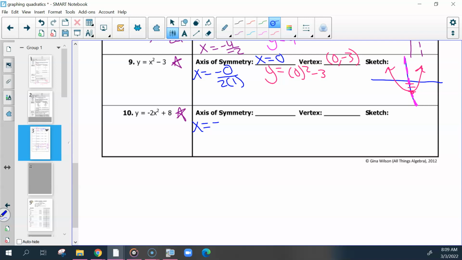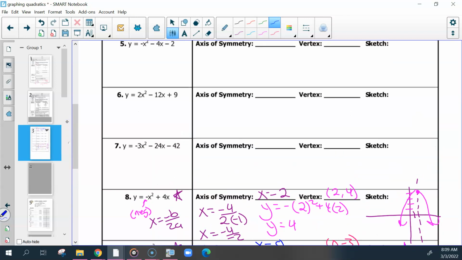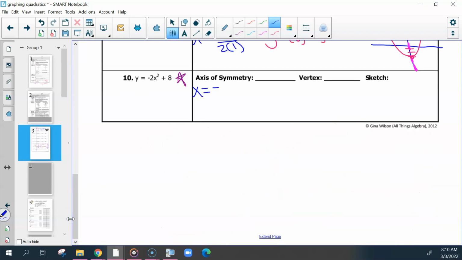There will be times, like number 7, where you'll have a negative and the formula is negative, so the negatives will cancel. And then we have 2 over negative 2, but that doesn't matter because our b value is still going to be 0.